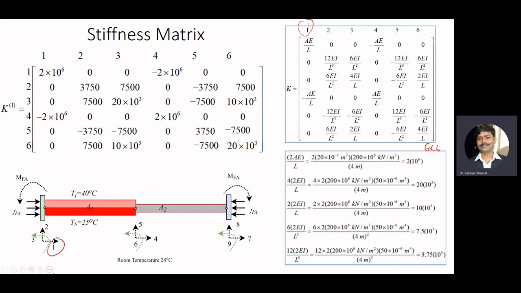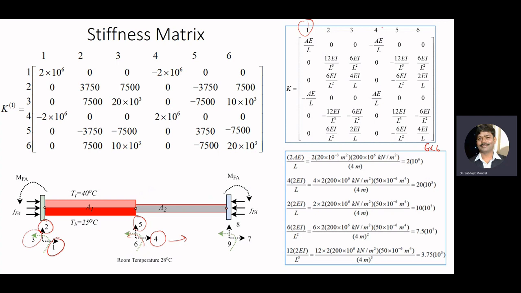This is your first degree of freedom, the second corresponds to the vertical translation, the third corresponds to the rotation. Similarly, the fourth corresponds to the axial translation, the fifth to the vertical translation, and the sixth to the rotational degree of freedom.